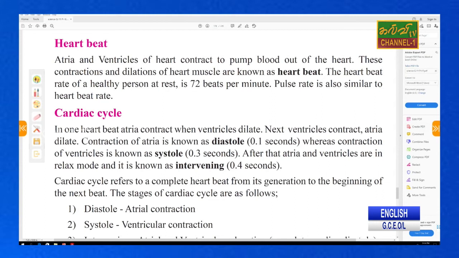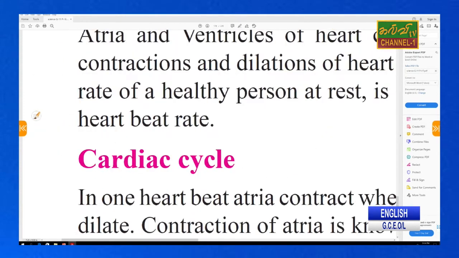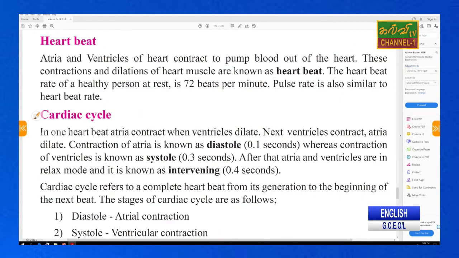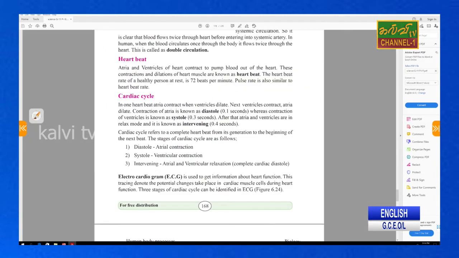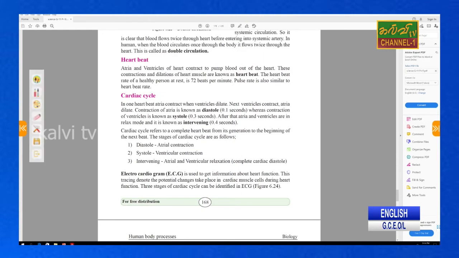These contraction and dilation. Why do they mention dilation? Contraction and dilation. Wait. Say, this is the heart.